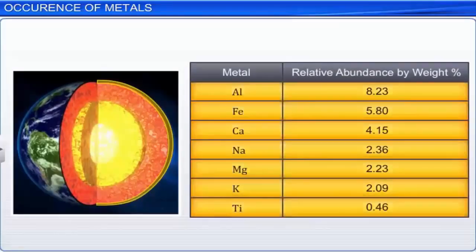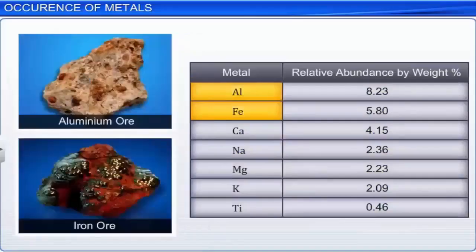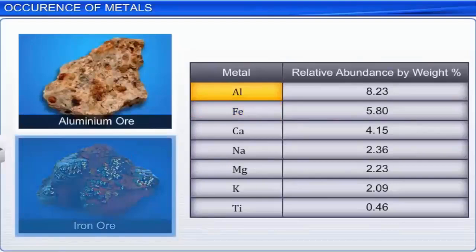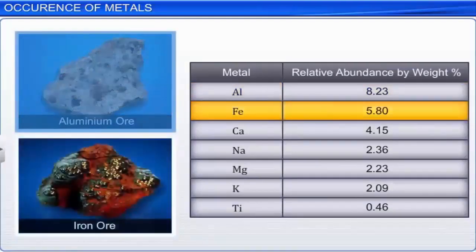The table here lists the relative abundance of some of the metals in the Earth's crust by weight. Of these, aluminium and iron are relatively more abundant than others. Aluminium constitutes about 8%, while iron constitutes 5.8% by weight of the Earth's crust.